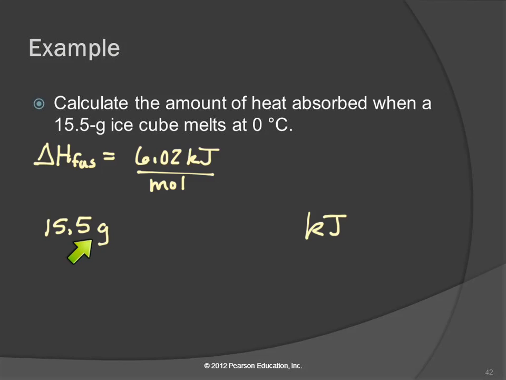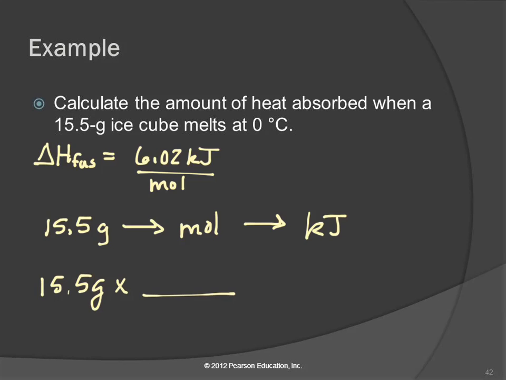I have an amount in grams. This conversion factor would allow me to go from moles to kilojoules. So if I could get to moles in the middle, I could get to kilojoules. And we've learned how to convert from grams to moles. 15.5 grams times moles on the top, grams on the bottom, times kilojoules on the top and moles on the bottom.